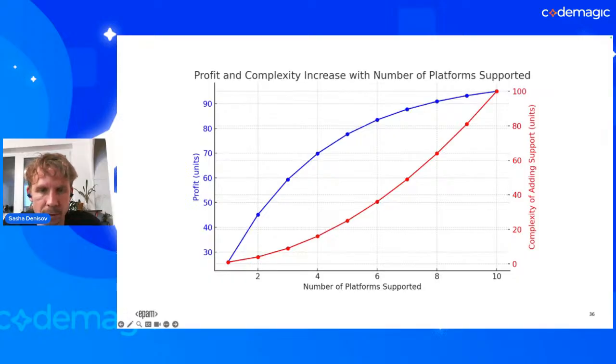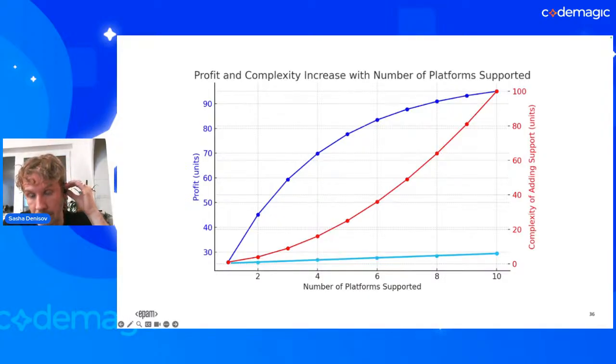But if you look at the same graph with Flutter, the picture changes. Since Flutter supports multiple platforms from a single code base, the complexity grows much more slowly, almost a straight line. This makes supporting more platforms far more cost effective.